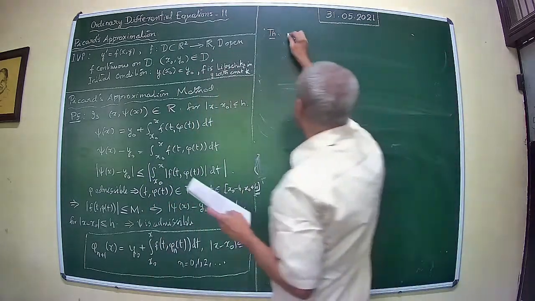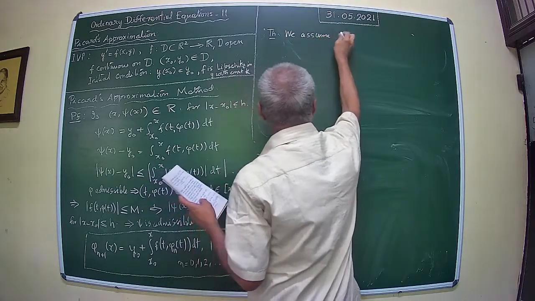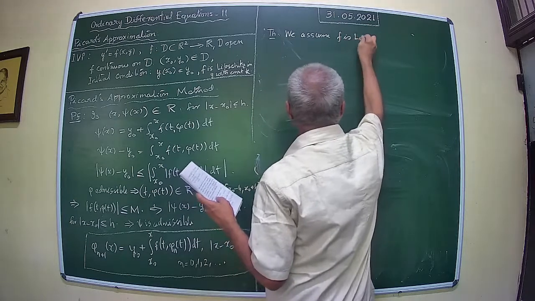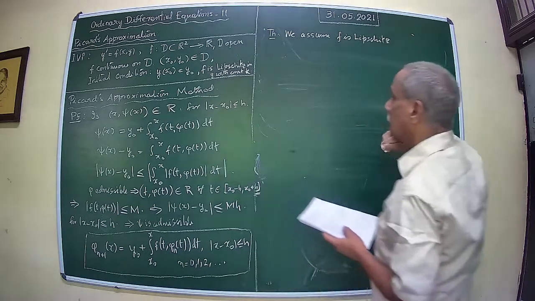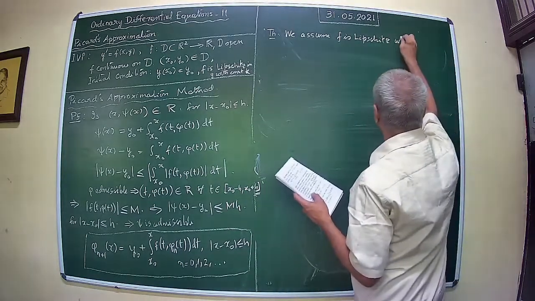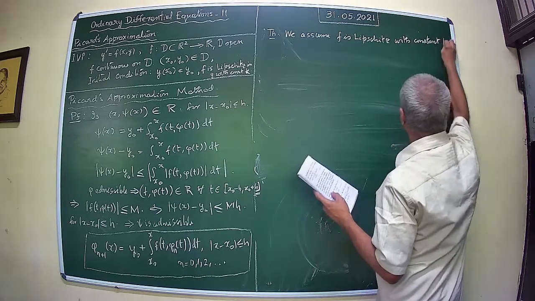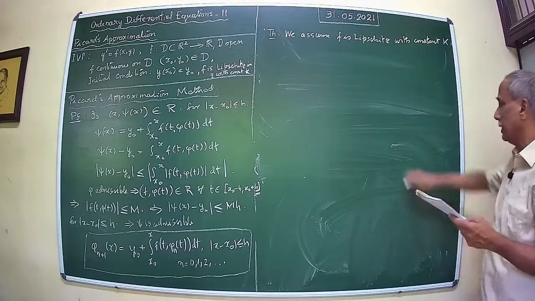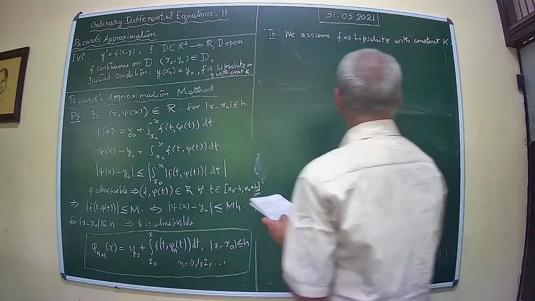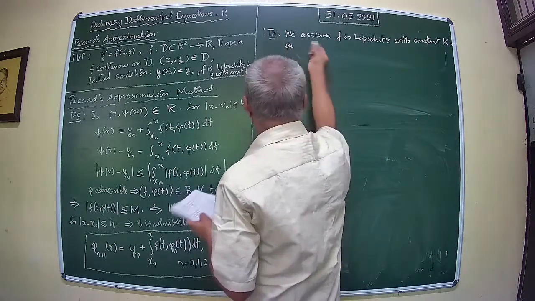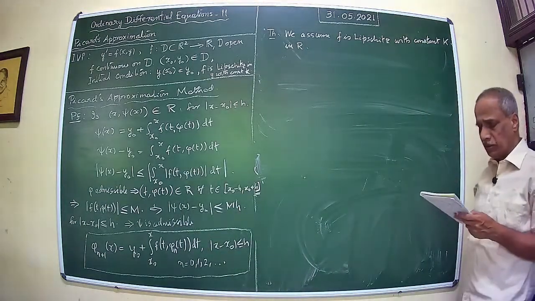Now we assume F is Lipschitz with constant. This we shall use at some stage of the theorem. In D or in R? R is enough. Right now we are only interested in local solutions.